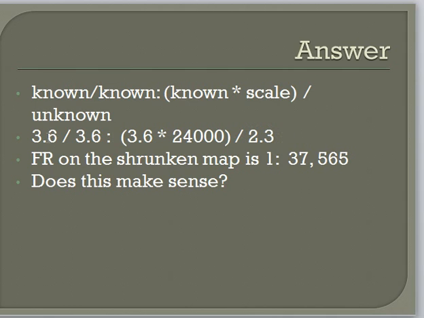Remember, everything's in inches, so I don't need to use those units. And then the shrunken map, the scale that the RF that I get is 1 to 37,565. That makes sense because this fraction shows more reduction, and the distance between these two was a lot smaller, meaning that there was more reduction.